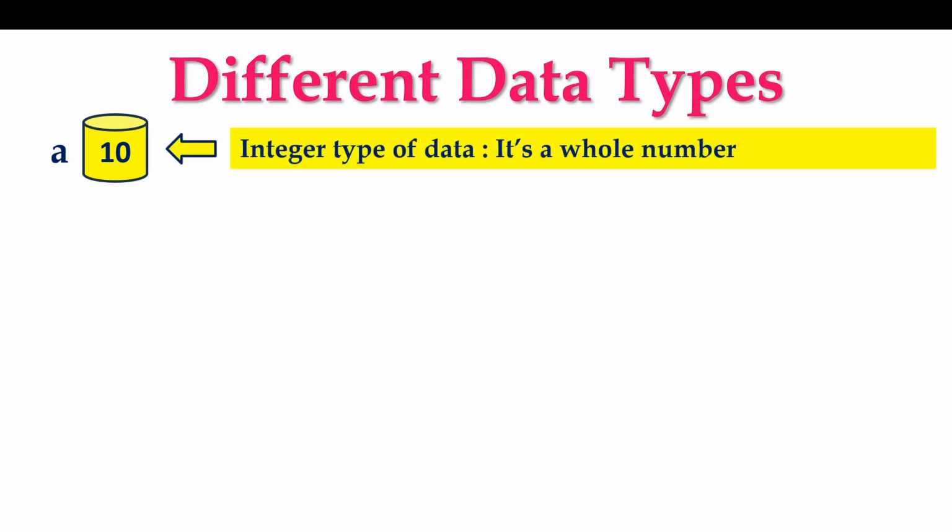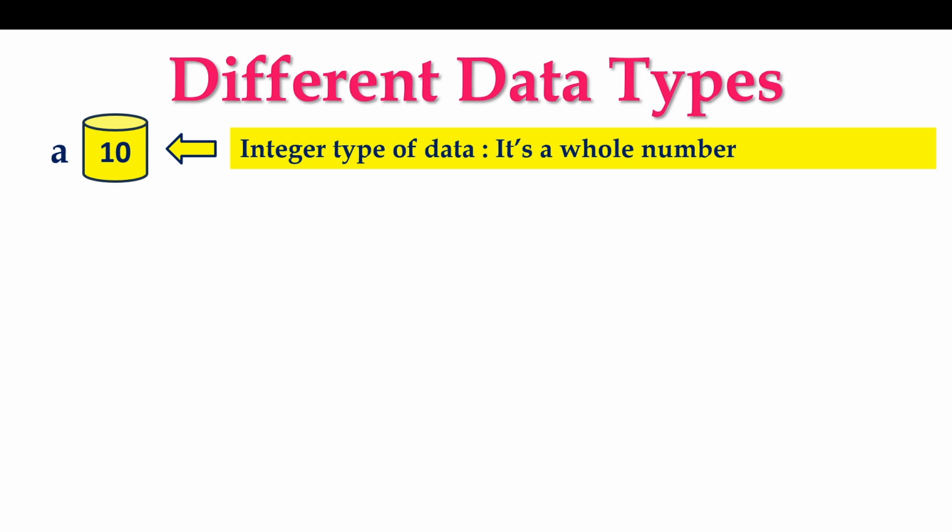Let us study different type of data types. I'm going to show you pictorially the types of data types. First type we are going to show is integer type of data.